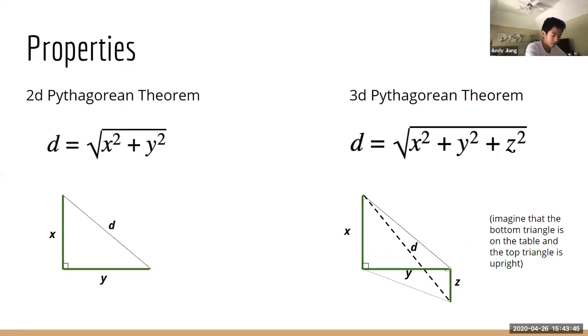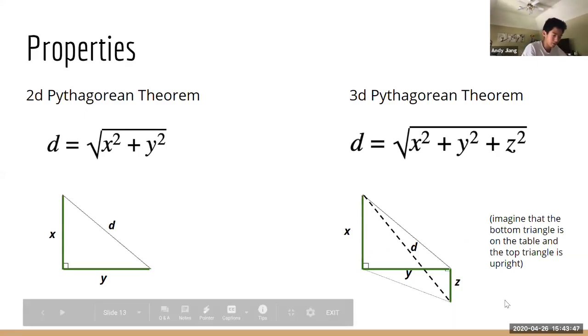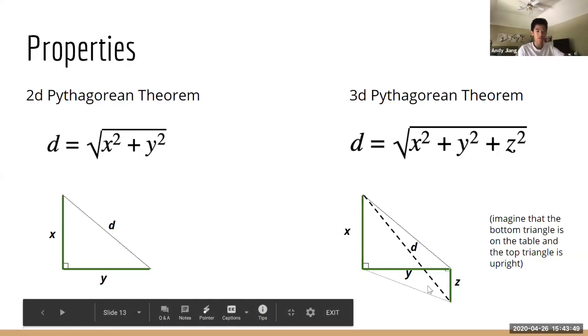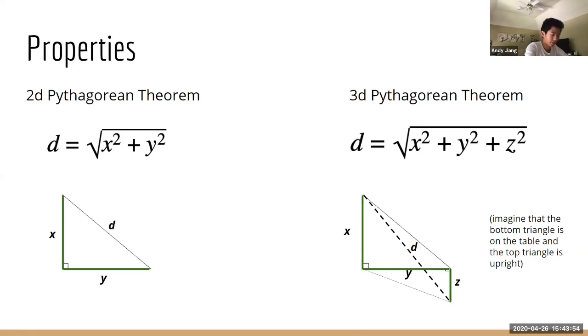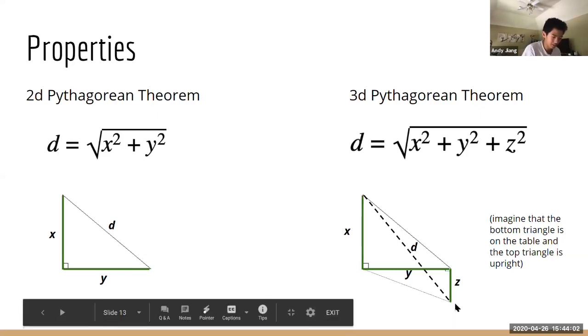This is a weird diagram, but imagine that this bottom triangle, YZ, is on the table, and then x, y is like up here. You can still solve for d using this formula, but it's like the same thing as finding this bottom length using y and z, and then using x and that bottom length to find d.